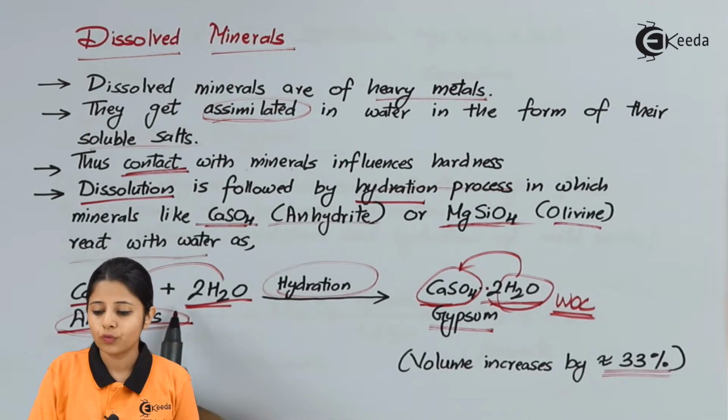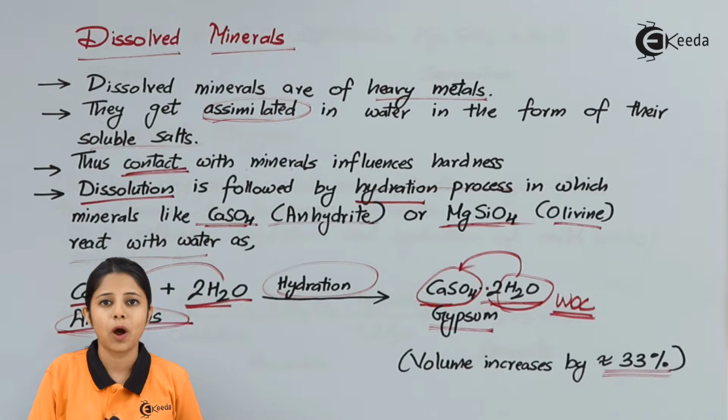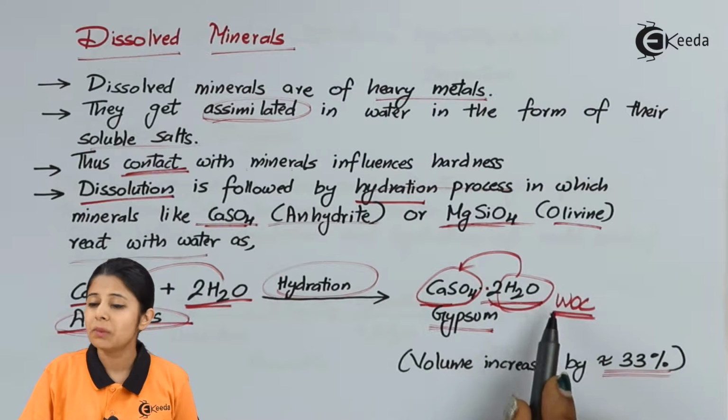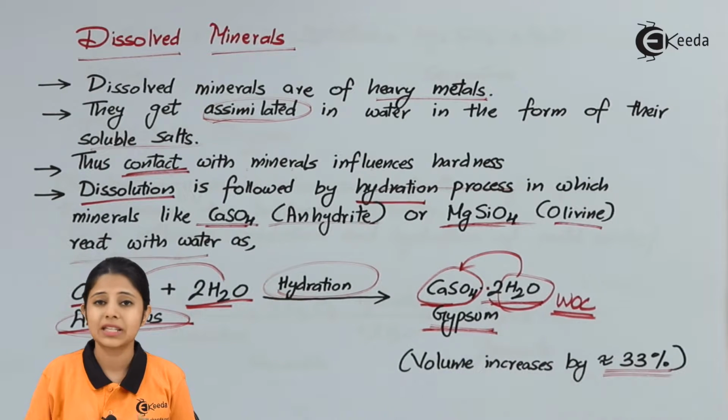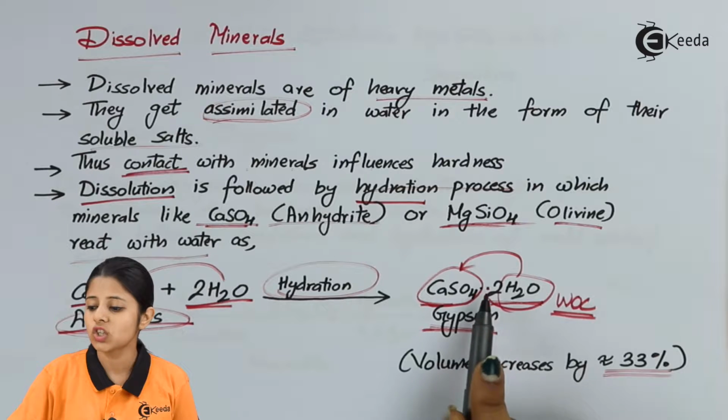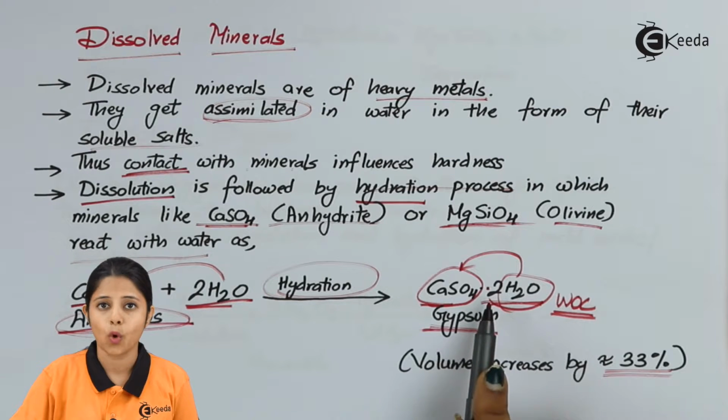The CaSO4 on the reactant side was just powder in form. On addition of two molecules of water it will become a crystal. Gypsum is actually a crystal form. If you heat it in a pan, all the water will get evaporated. Why? Because water is just loosely attached to it. It is not bonded.